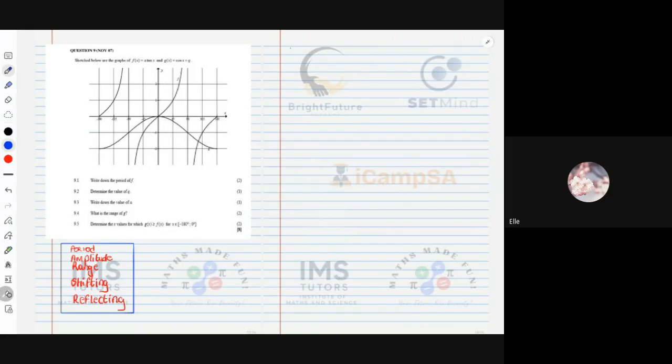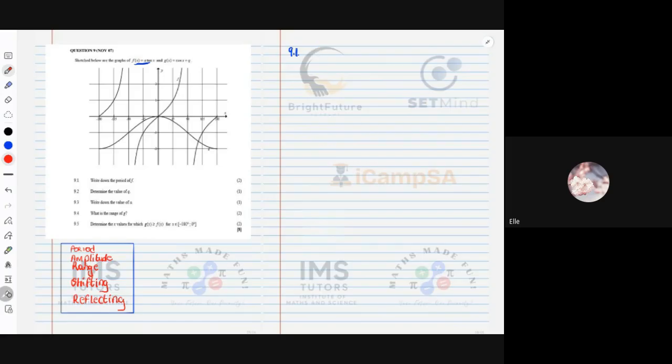Once again, 9.1. Write down the period of the graph of f. What did I say? The graph of f is what? It's a tangent function. What did I say is the period for the tangent function?